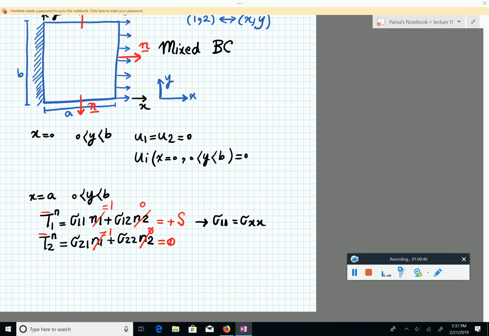It's just not nice for a tensor to just have one index. So whenever you see sigma x in the book, think xx, yy. This is S. And here sigma 2 1 or 1 2, as you know, it's the same, is 0. This is the boundary condition. And that's how you go from traction to a stress.